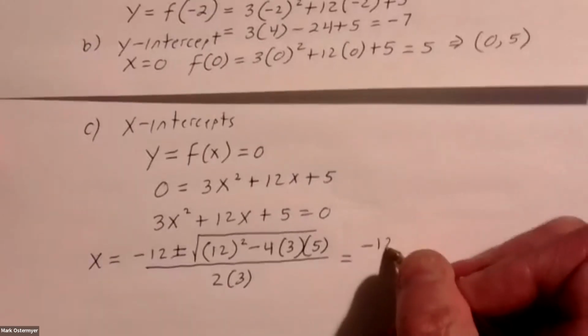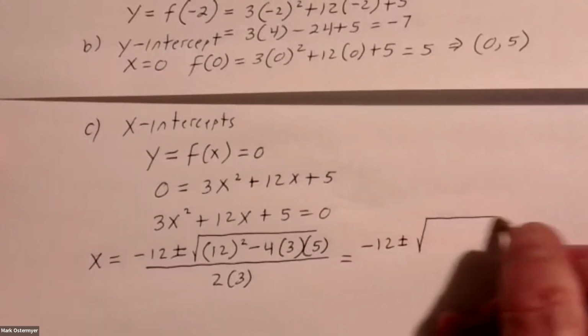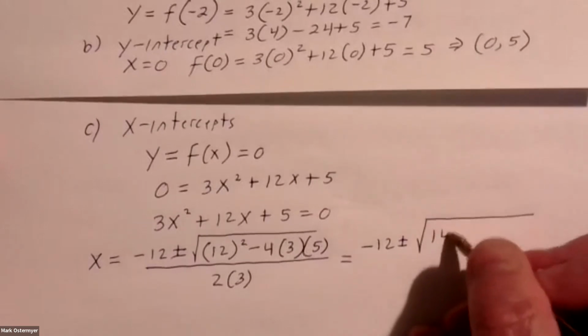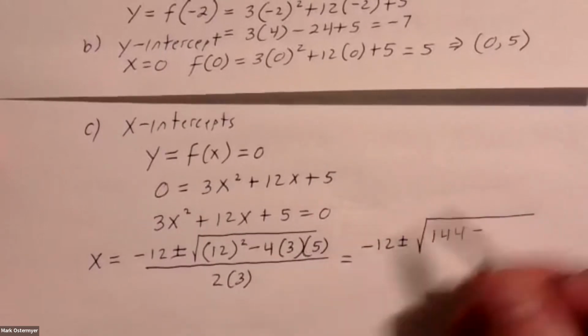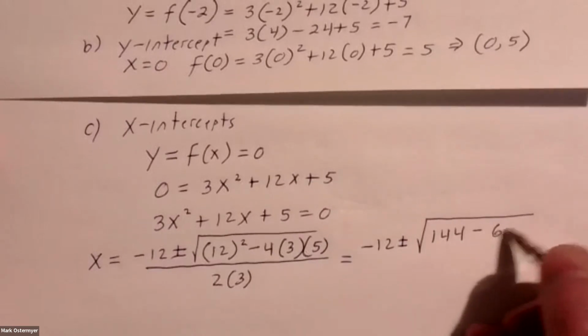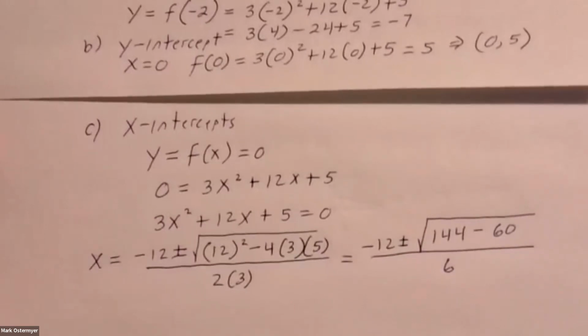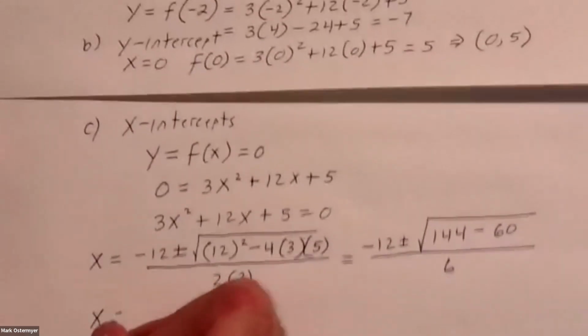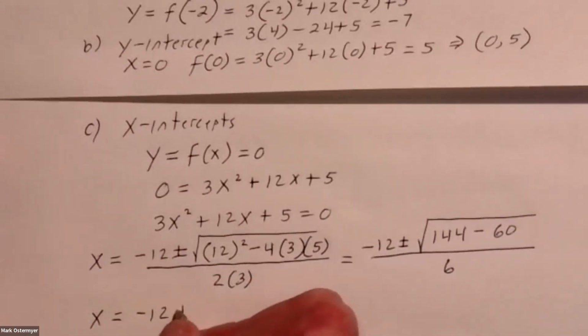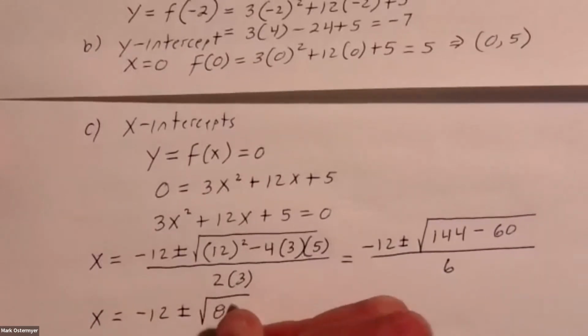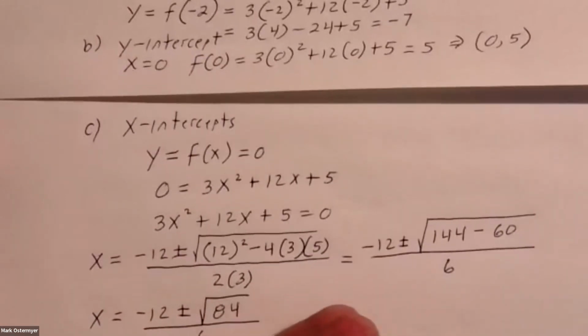So we have -12 plus or minus the square root of 12 squared, which is 144, minus 60, all over 6. So 144 minus 60 is 84. So x is equal to -12 plus or minus the square root of 84, all divided by 6.